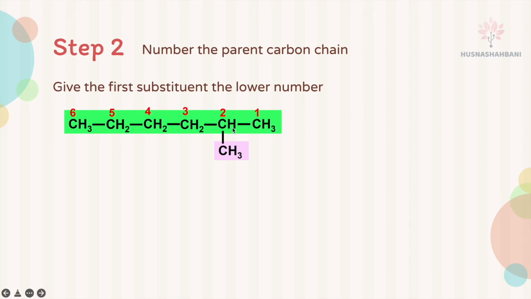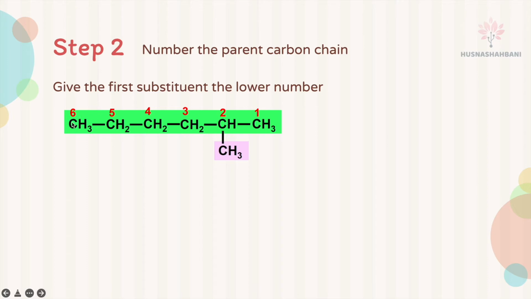This is the parent hexane. But then you have to number the 6 carbon. You have to put the number from the right, because when you put number 1 from the right, the first substituent will have the number 2. This substituent will attach at carbon number 2.